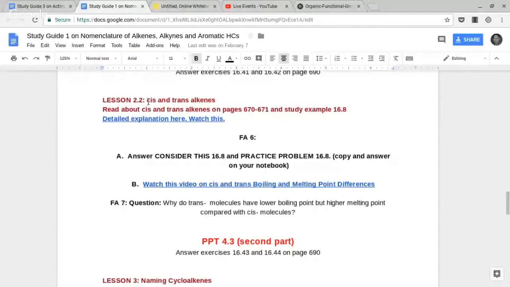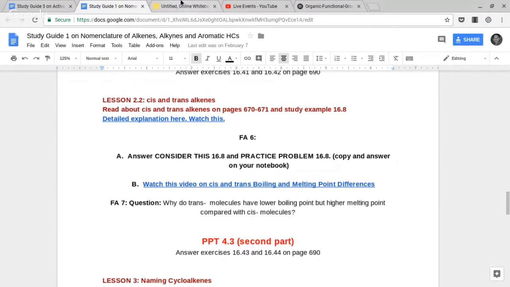So cis, same. While the trans are the opposite: the groups are found on opposite sides of your carbon-carbon double bond. So that's how they look. Please go over the lecture video again so you would recall how to draw them, whether you draw the skeletal or the condensed structure of your compound.